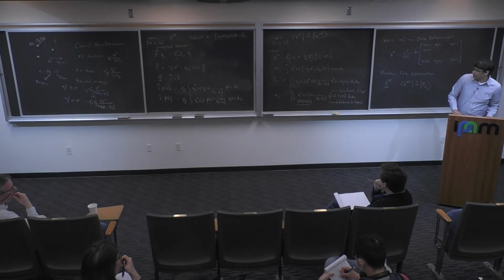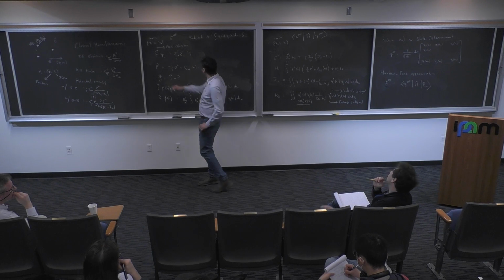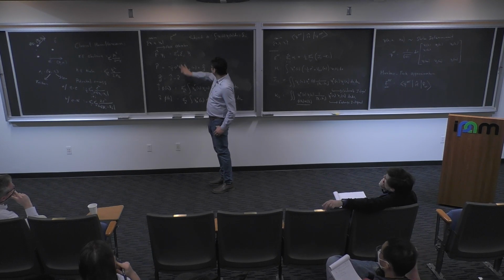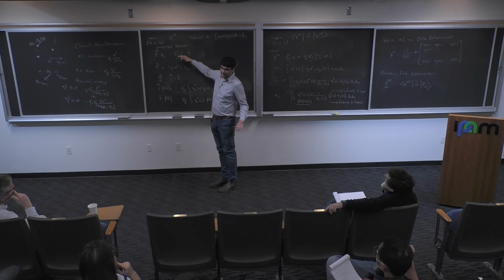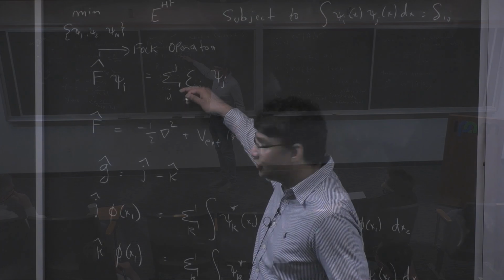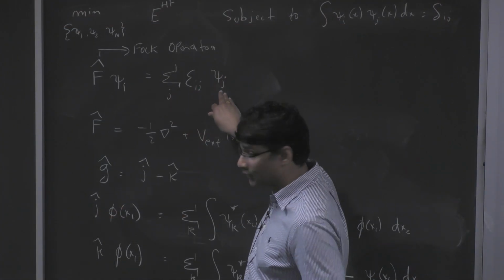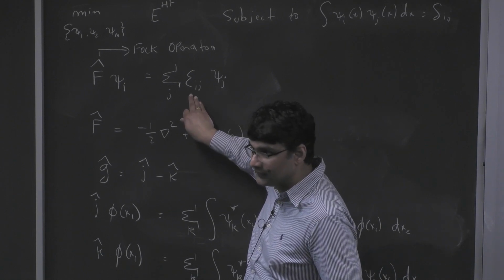So one remark I want to make is that when you did this minimization problem, these are the Lagrange multipliers appearing because of this constraint, and this is essentially an eigenvalue problem. You can also convert this into a canonical eigenvalue problem by an orthonormal transformation, where the matrix epsilon ij becomes a diagonal matrix.